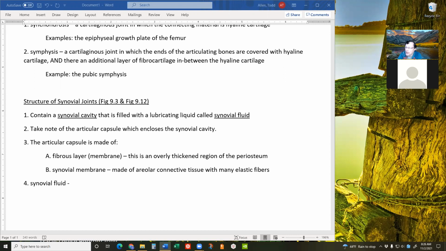But the molecule I'm fishing for is hyaluronic acid. You're like, oh yeah, obviously that's what it is, right? Yeah, okay. Well, folks, that's what it is.